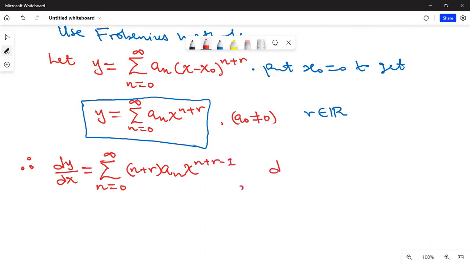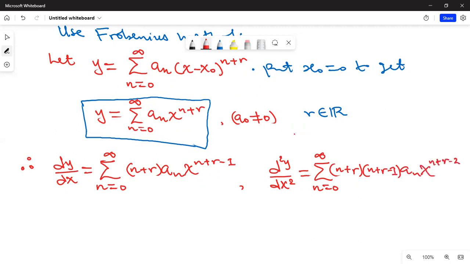And the other derivative, d squared y/dx squared, is the same as the sum from n equals 0 to infinity of (n plus r) times (n plus r minus 1) a subscript n x raised to n plus r minus 2. I have used the power rule of differentiation to find those derivatives.